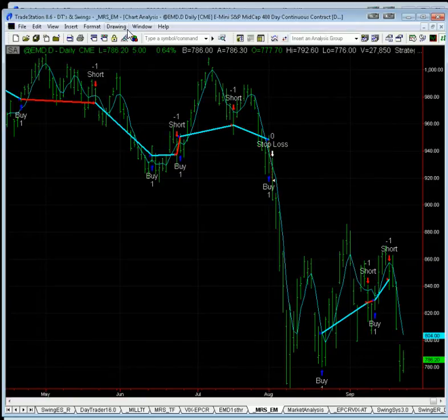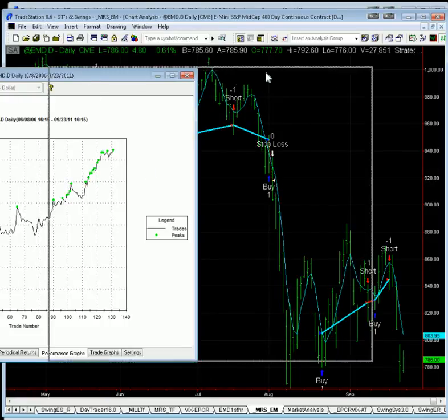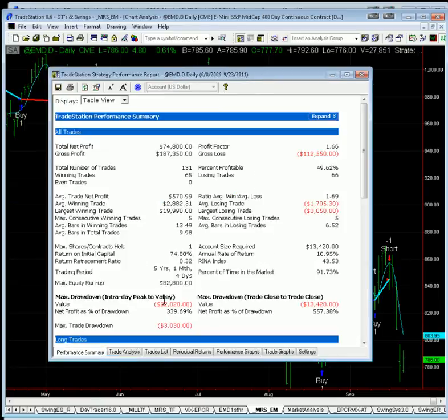So this is actually a slight derivation. We've included a stop. Now it's actually not much difference. We're going to go ahead and pull that up. So here's the one with the stop, the MRCM with the stop, $75,600 average trade net profit over the last 5 years. Here's the one without the stop, $650.